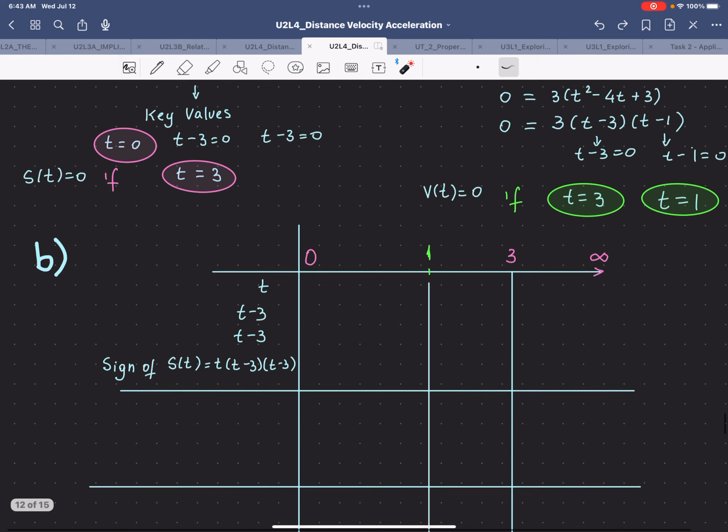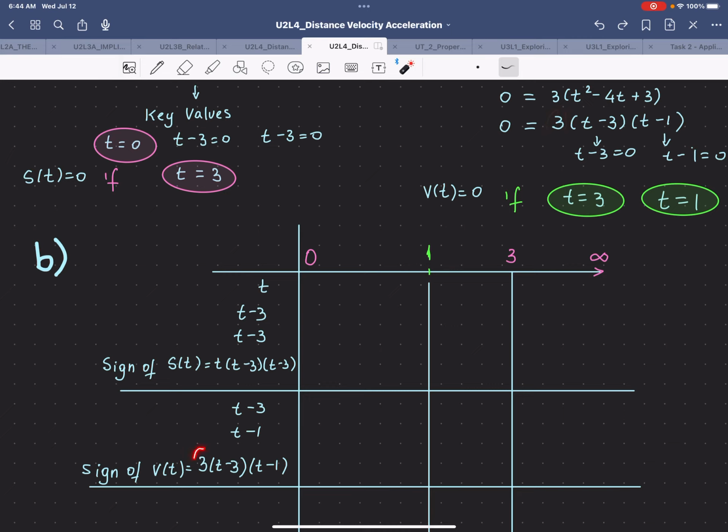Next, we are going to list all the factors of v(t). So remember that v(t) was 3(t minus 3)(t minus 1). So I'm going to start off with the factor t minus 3, t minus 1, and then I will discuss the sign of v(t). And I will definitely include the constant coefficient, or the constant factor, that is in front of velocity.